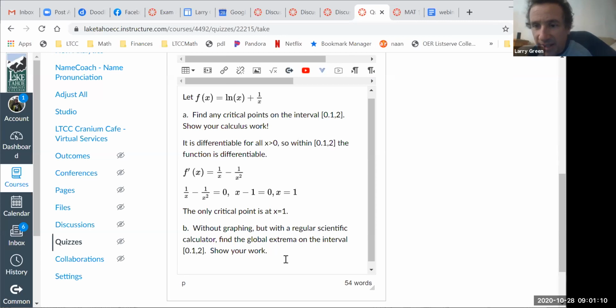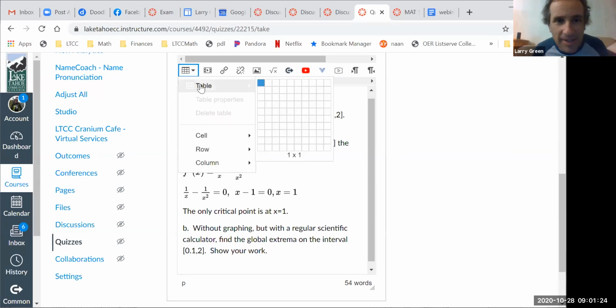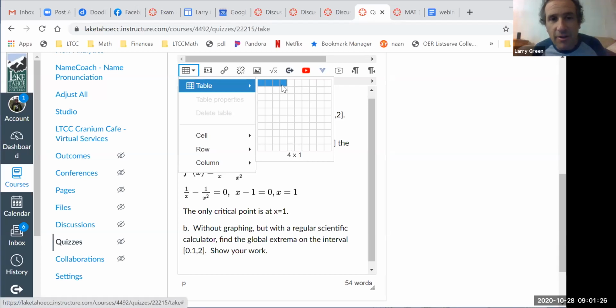The places we look are at the critical points and at the endpoints. So I'm going to make a little table. There are 3.